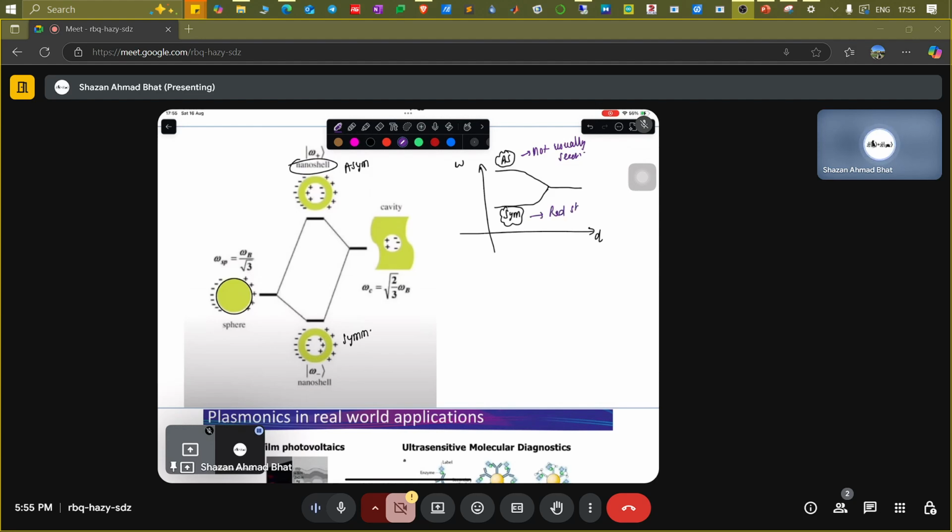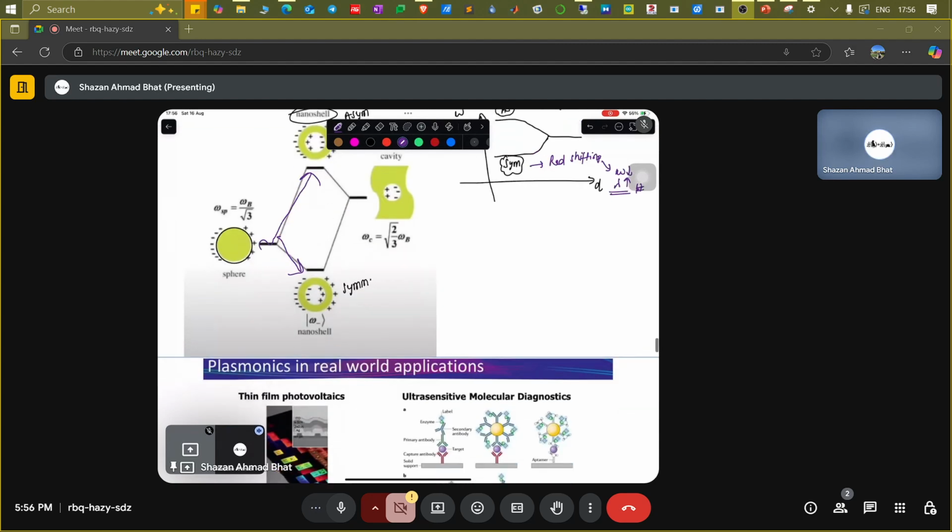So you mostly obtain red shifting. Why? Because the frequency reduces, that means lambda increases towards the higher wavelength, and you get a red shift once you make this configuration change, going from one to the other of these two configurations.